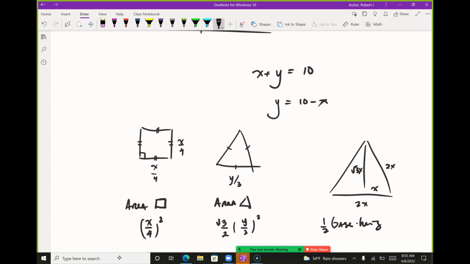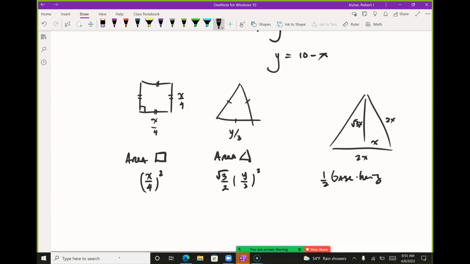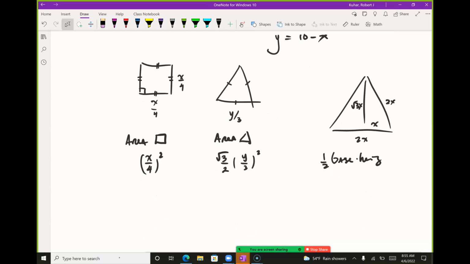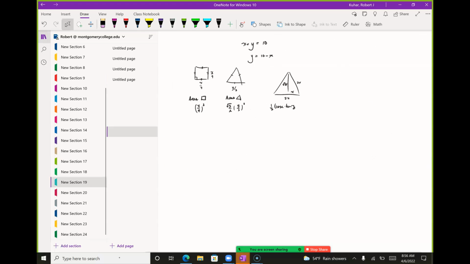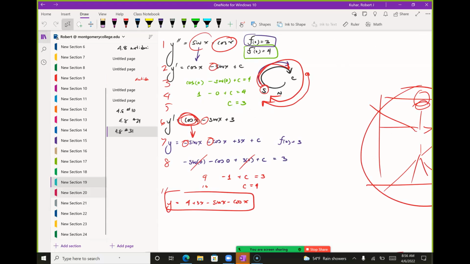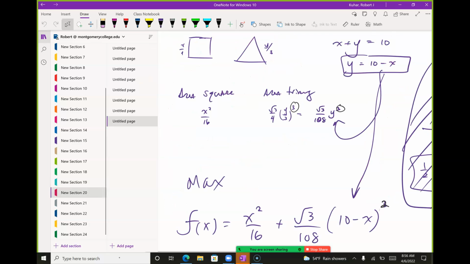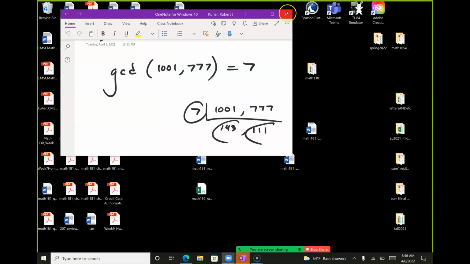Sorry, square root of 3 over 2, Y over 3 squared. Wait a minute, let me just go back to yesterday's. I'm having a meltdown again. There it is. Oh, square root of 3 over 4. Sorry. Oops.